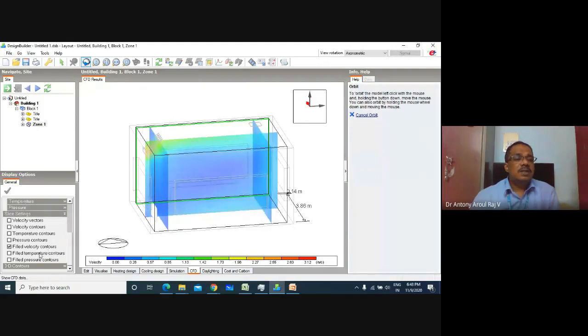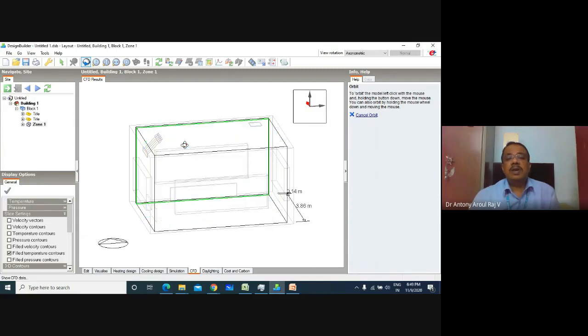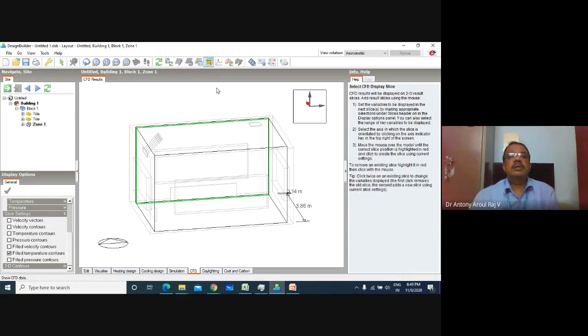The next is you can see the temperature plot, field temperature plot. Why am I selecting all these things? Because it is easy for you to look, since you are watching from a smaller screen. Now we are monitoring the temperature.